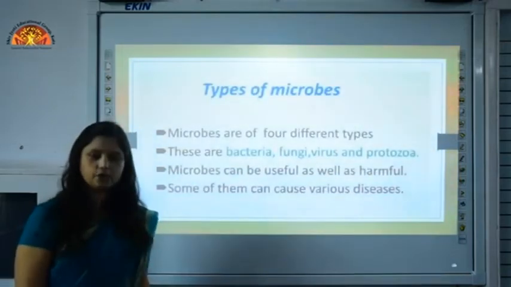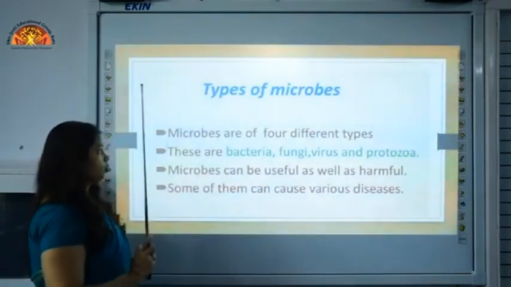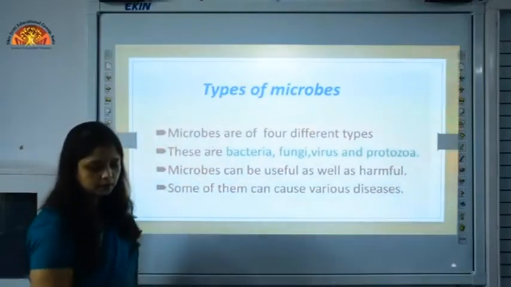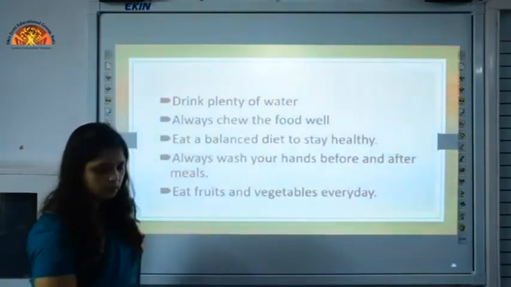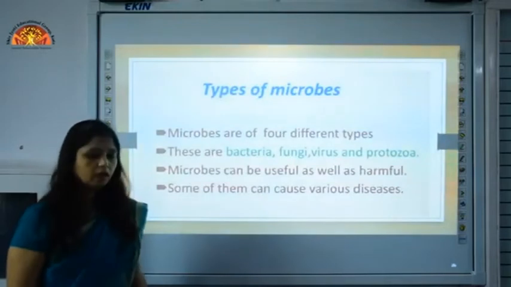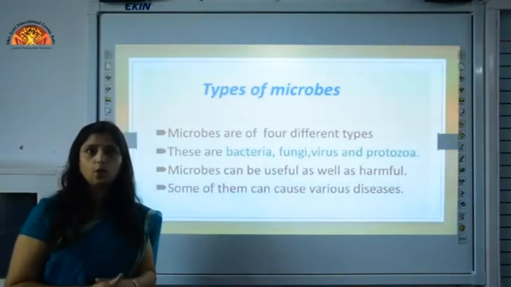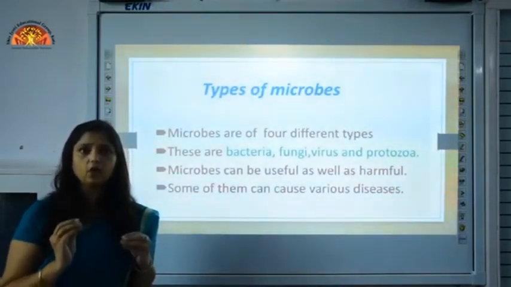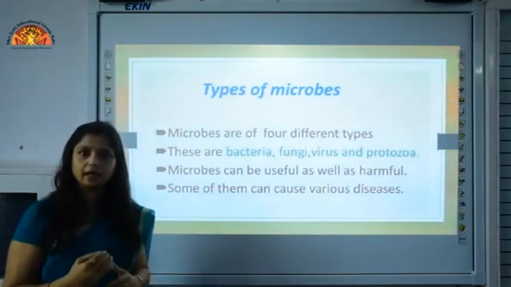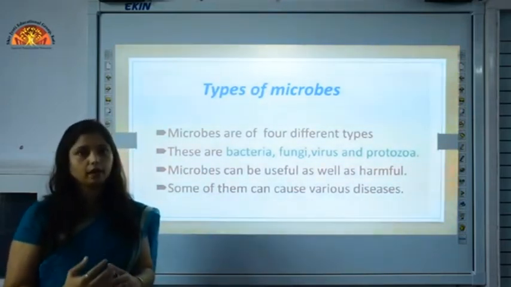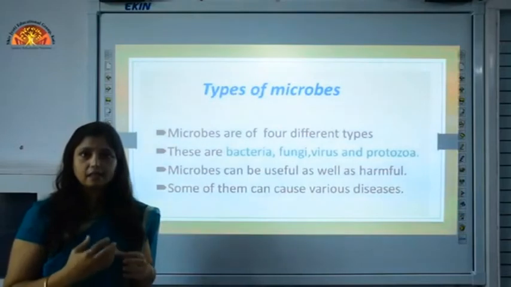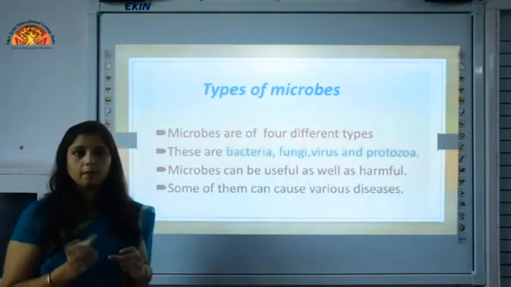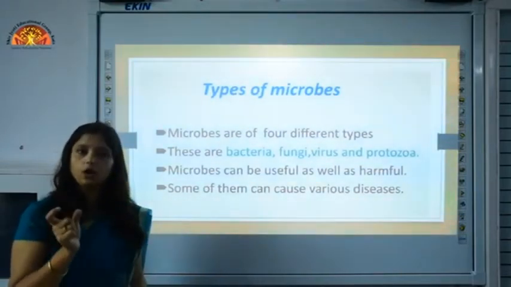Now we come to the next topic, that is microbes. So children, there is a presence of very tiny living organisms which are called microbes or microorganisms. As the name suggests, the word micro means very small or tiny.